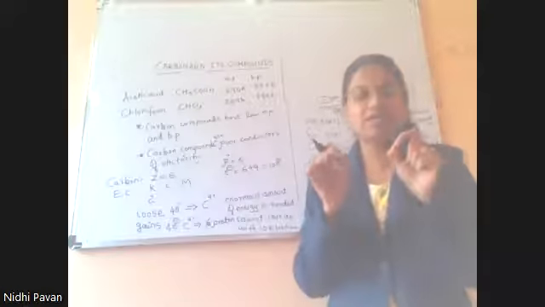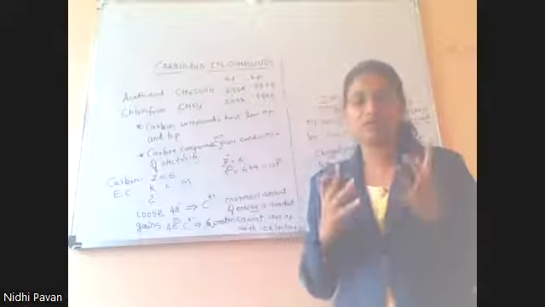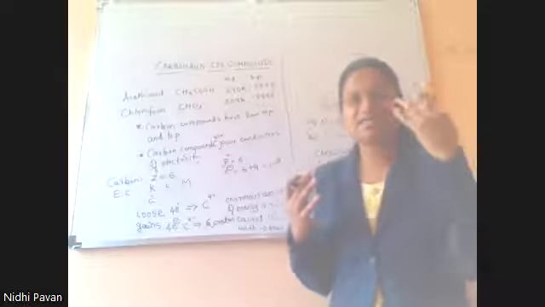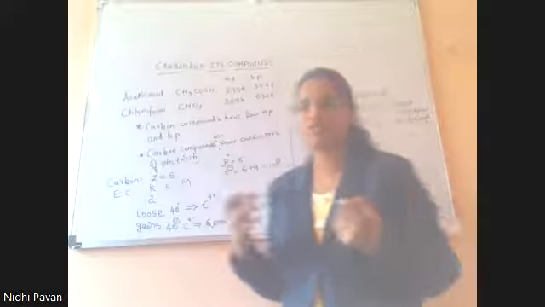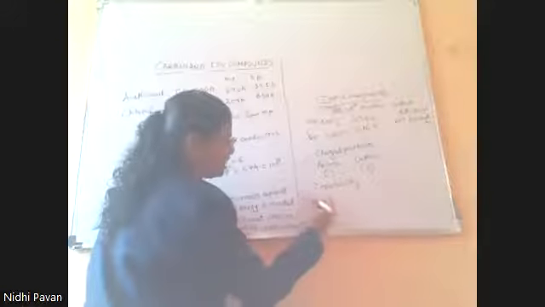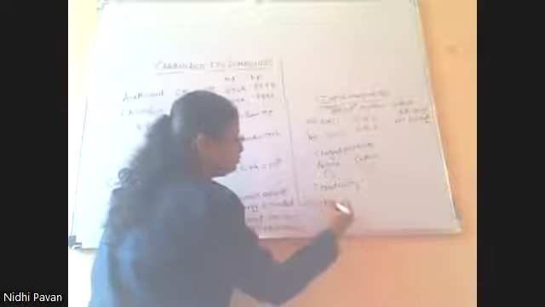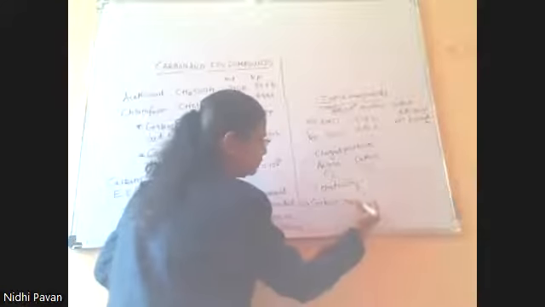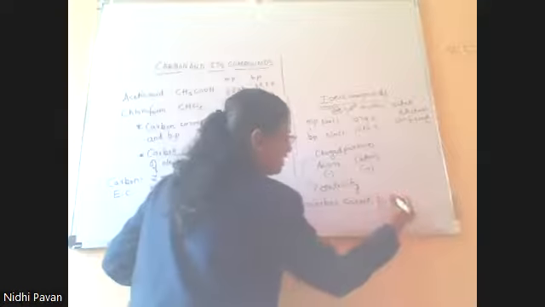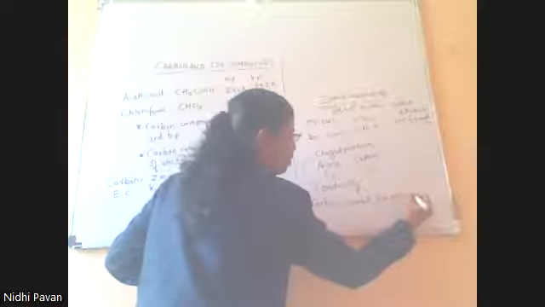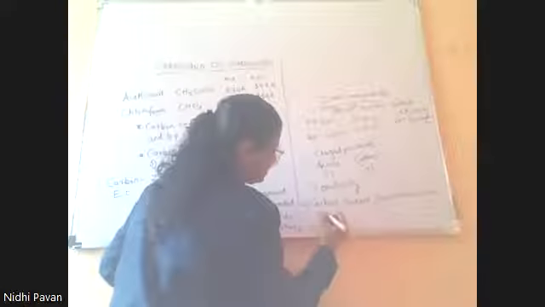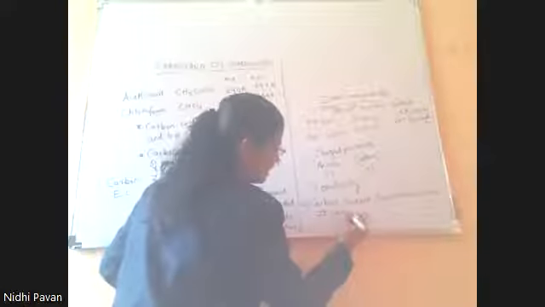When it neither gains nor loses electrons, what happens? Carbon cannot become an anion or cation. That is, it cannot acquire a charge.